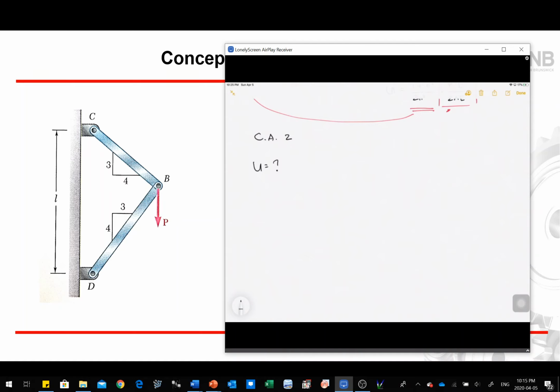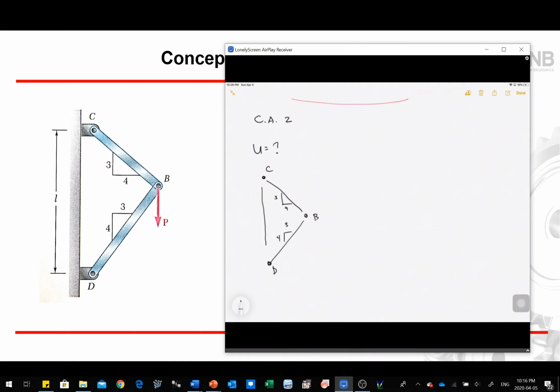So the first thing here is that's point C, that's point B. It forms a triangle right here. That's point D. And then we have this length right here, so there's 3, 4 right here, and then another right here, which is 3 and 4.